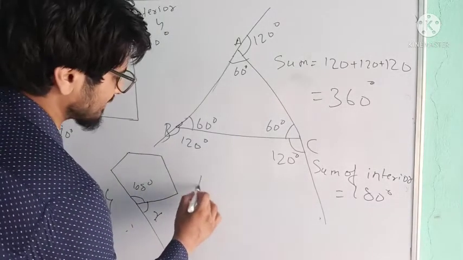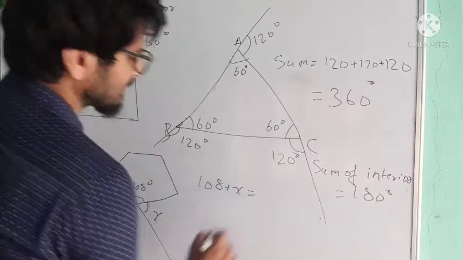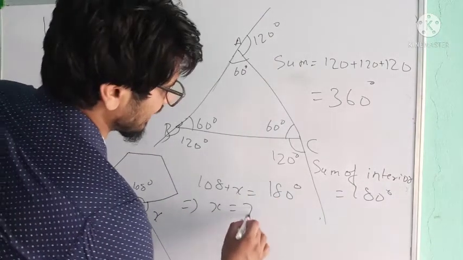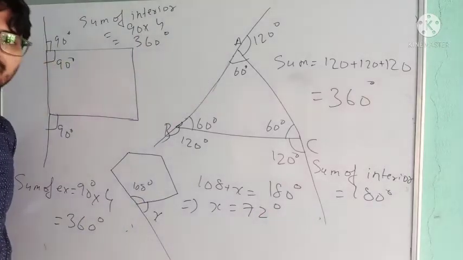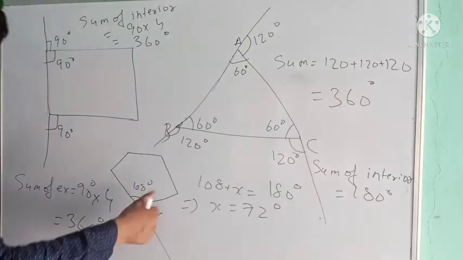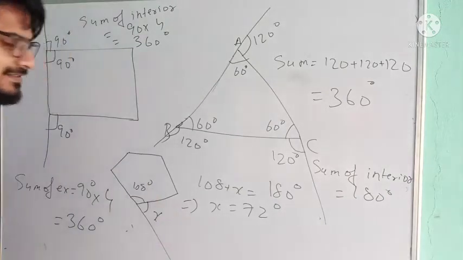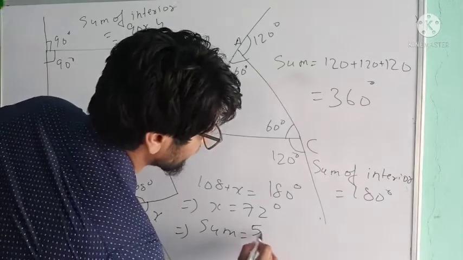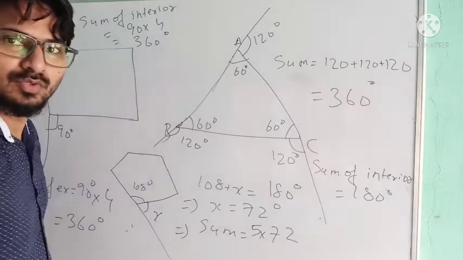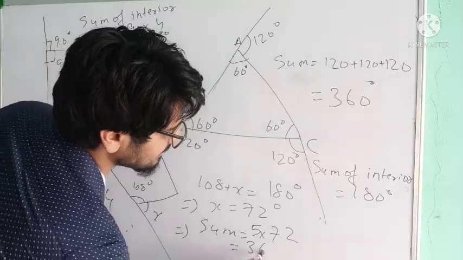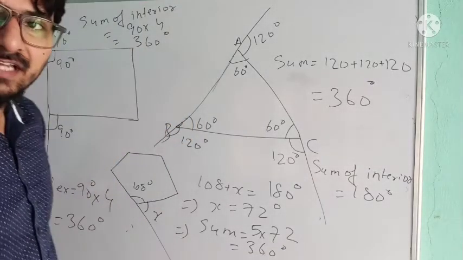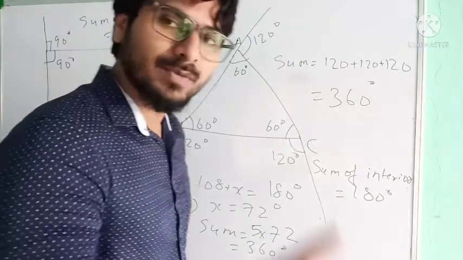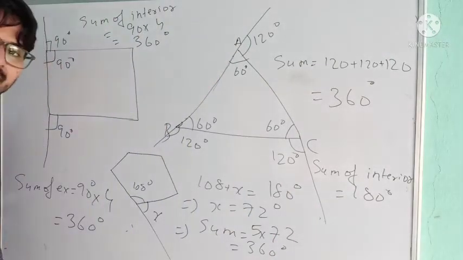So you get 108 plus x is equal to 180 degrees, so x you will get as 72 degrees. One exterior angle is 72. You have 5 exterior angles in the case of the polygon, so the sum will be 5 into 72, which is 360 degrees. So again the sum of exterior angles in the polygon, when the sides have changed and become 5, is still 360 degrees.